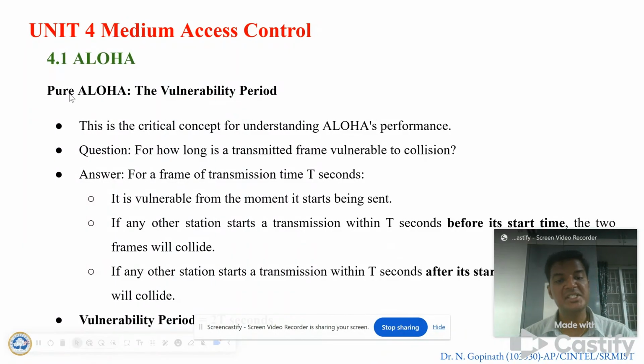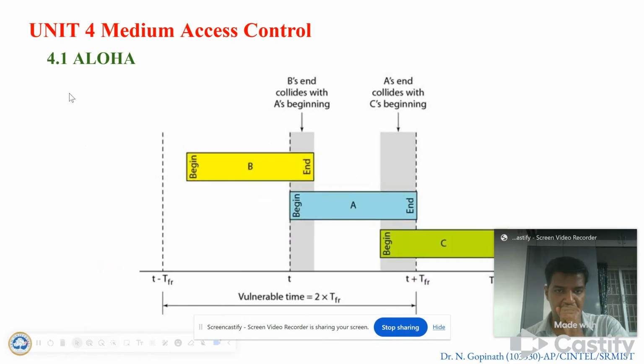If another station starts a transmission t seconds before its start time, the two frames will collide. If any other station starts a transmission t seconds after its start time, then more collisions will happen. Here is a diagrammatic example for the previous scenario.